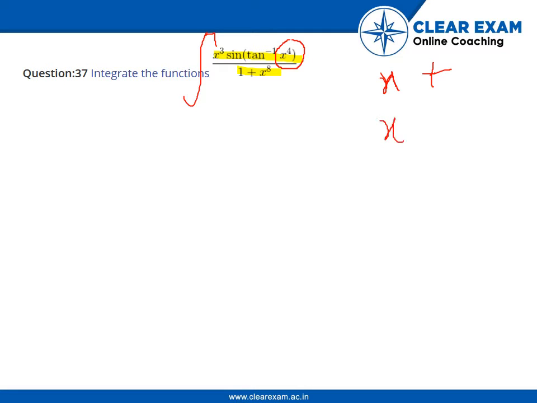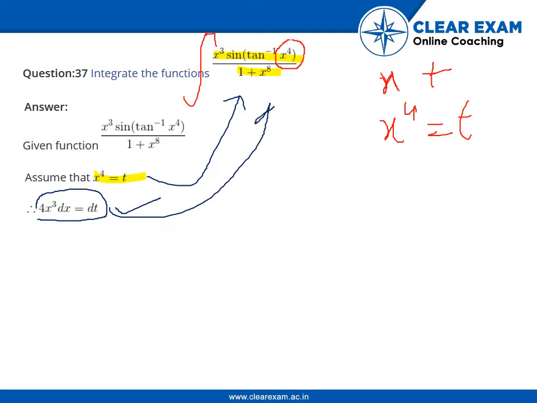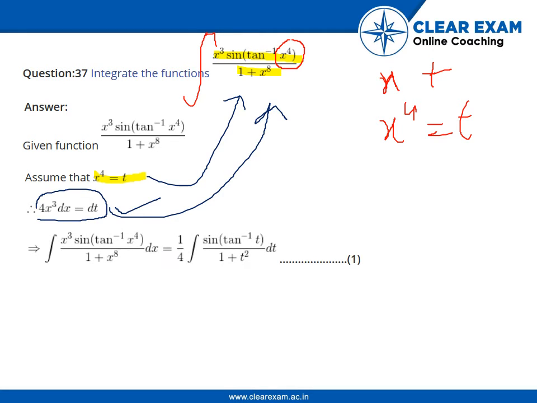We first of all assume x raised to the power 4 as t, and then we differentiate it on both sides with respect to x. So we get 4x raised to the power 3 dx is equal to dt, and then we replace x raised to the power 4 with t, and 4x cubed dx with dt, wherever we can in the expression.